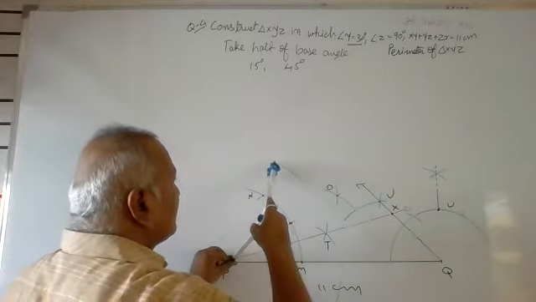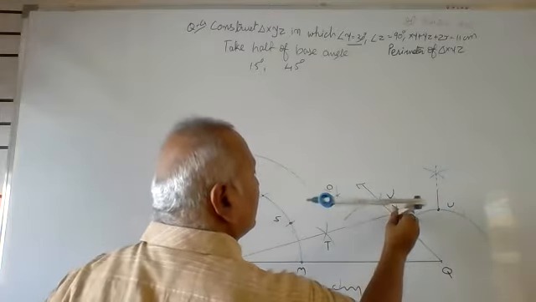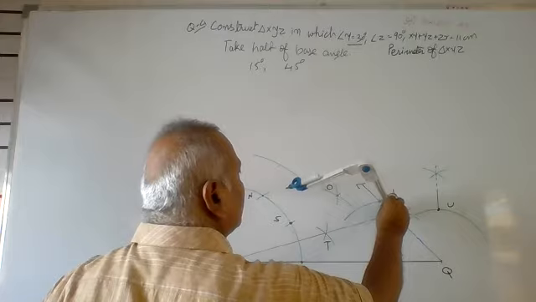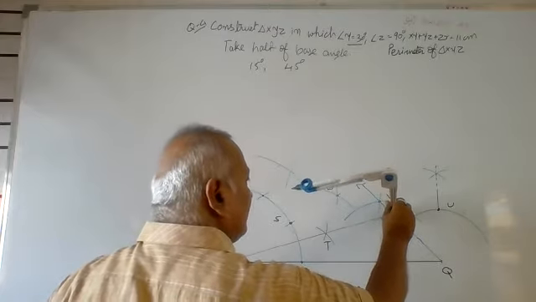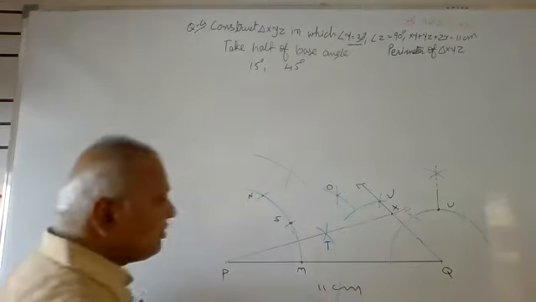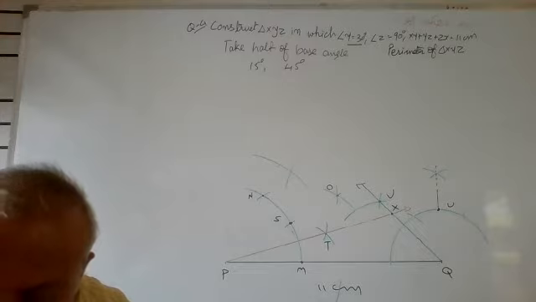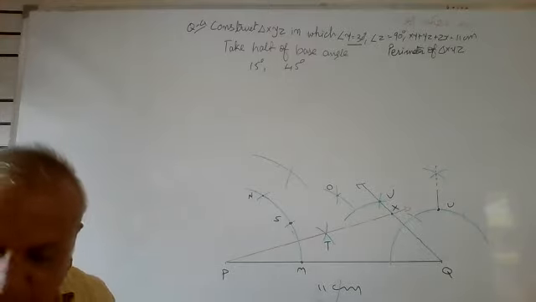With the same measurement, we have to draw arcs from X. They will intersect here. Where both the arcs meet, we join the points in a proper way.